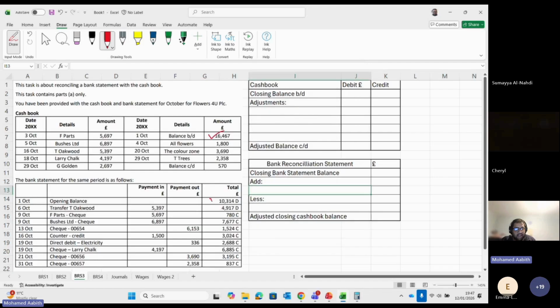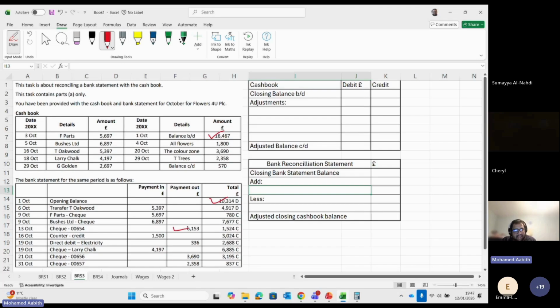This check tallies with this opening balance. But since we start this as a negative number, eventually when we reach that figure, we have a positive balance carried down, because this balance carried down will become a debit number. So that means now we have money in the bank account.